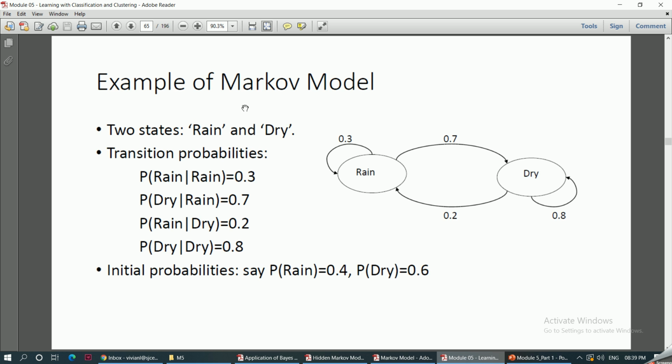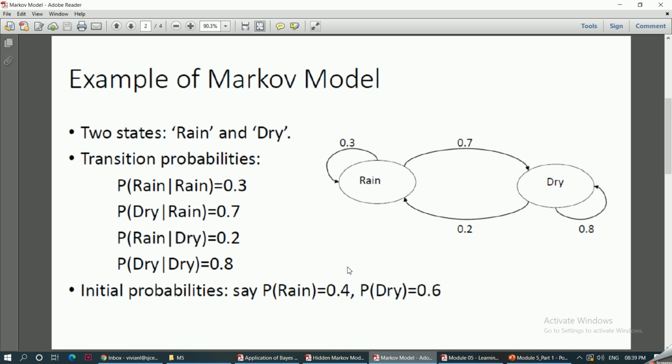Now let us see an example of a Markov model. This is a state transition diagram where you have got two states, rain and dry, and the transition probabilities are given to you. The probability of rain given that rain occurred is 0.3.